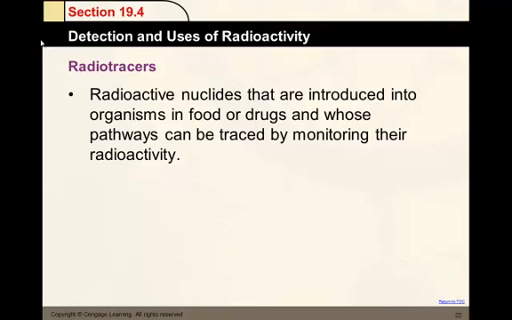The gastrointestinal series, as it's called, is where you would actually drink a liquid that has some radioactive material in it, usually barium. You drink what looks like a white milkshake, and it has the radioactive material in it.